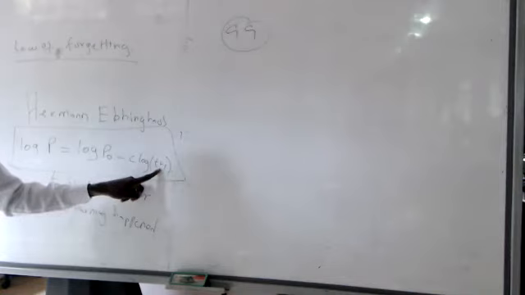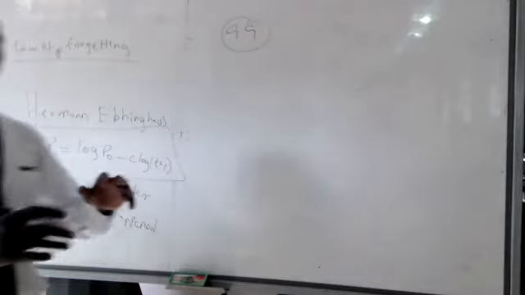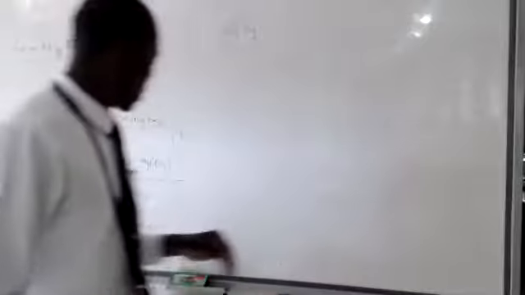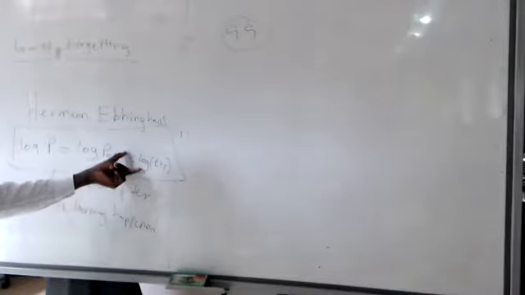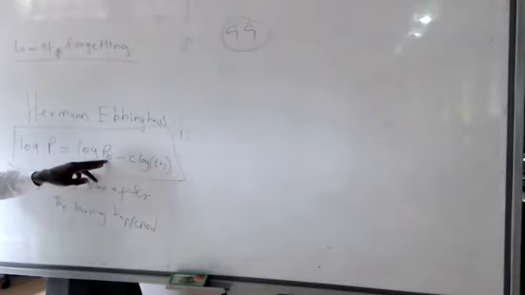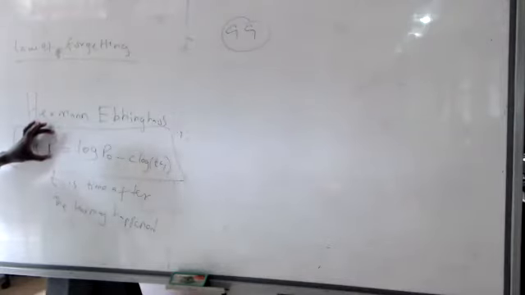T is the time after. Of course, c is a constant which depends on whatever you're learning. Is it a skill like football or typing on the computer? It varies from activity to activity. It's always given for each and every activity. And then P naught is the amount you learned at the initial time, and P is the amount that you shall have retained after some time.